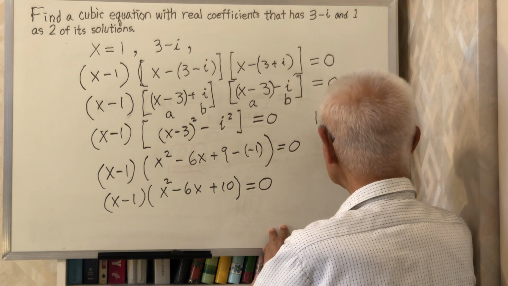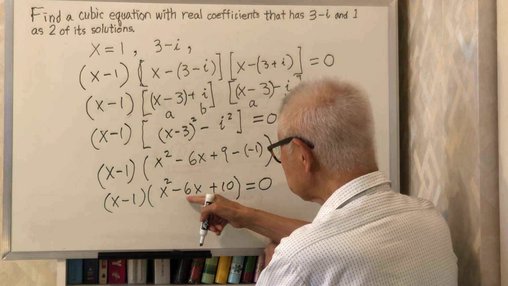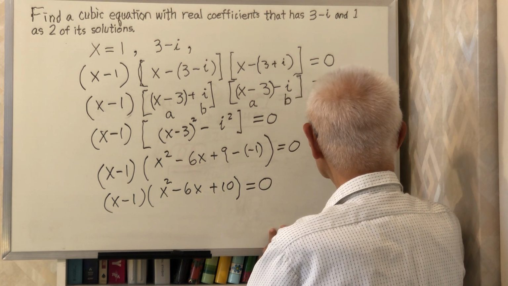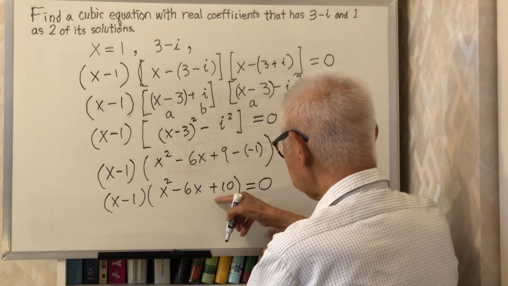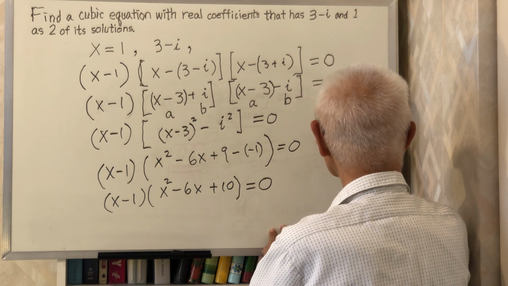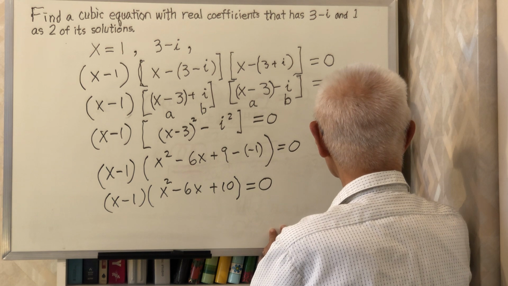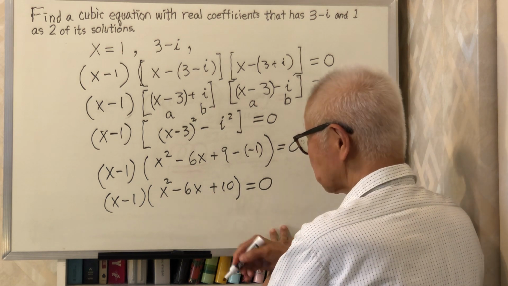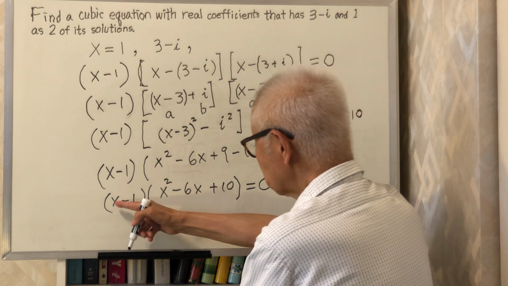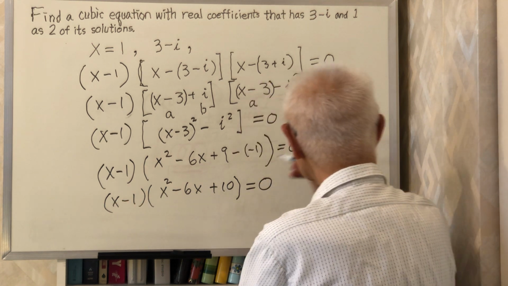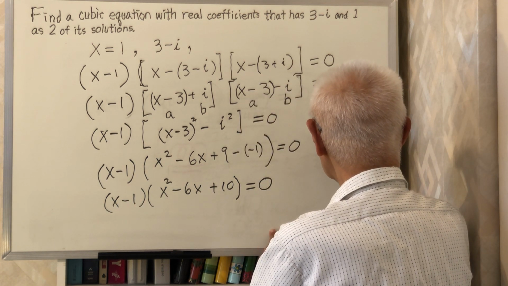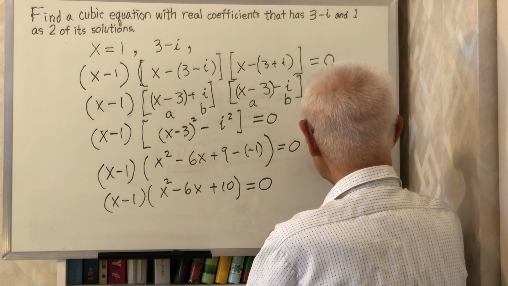Let me squeeze everything here. 1 minus 6 plus 10. You don't need to write x, okay? This is 1 minus 1. So you multiply.